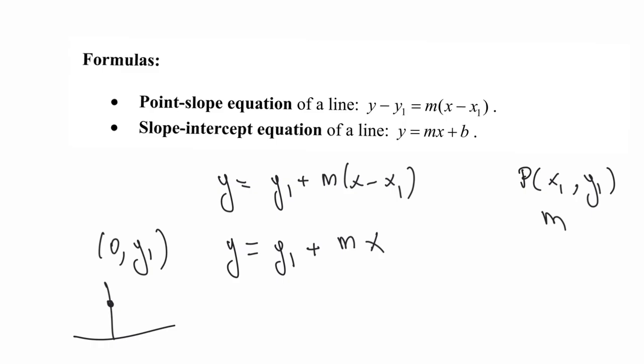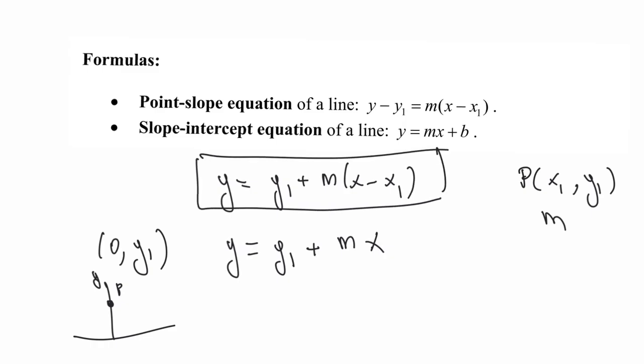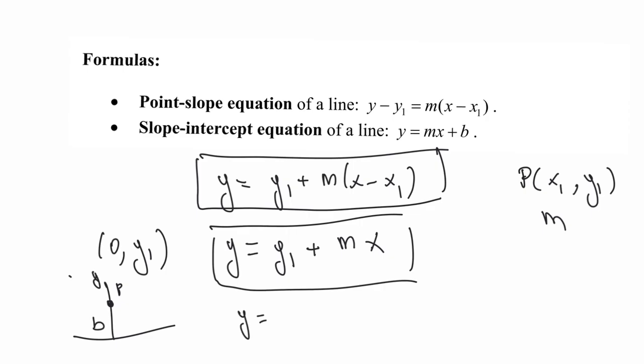If I take the point P to be the point of intersection with the y-axis, this equation becomes this equation. And normally the y1 is called the b. So this is the rectilinear line. So the equation is b plus m multiplied by x. That is the second equation, which is named the slope-intercept equation.